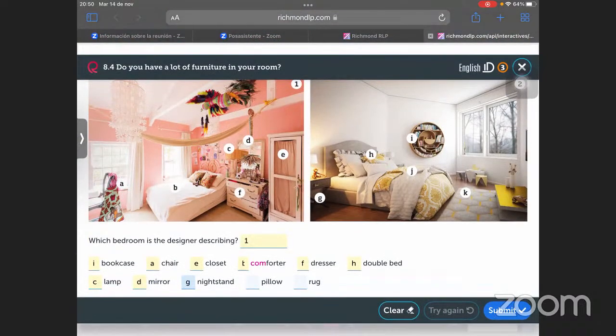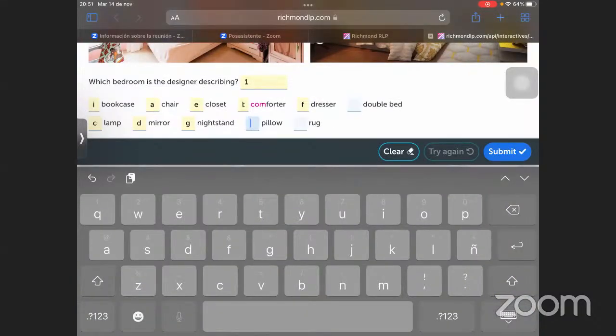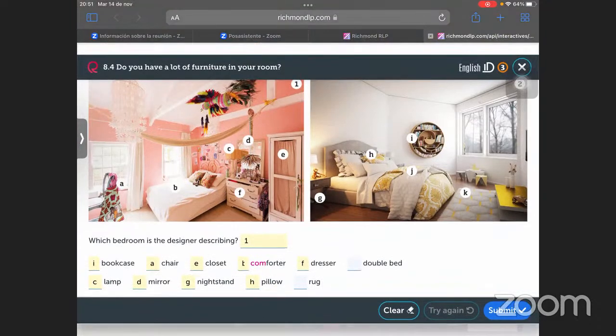Pillow. What's the pillow? I think it is the H, but the other is incorrect. Okay, pillow H. Okay, rug. Sorry.